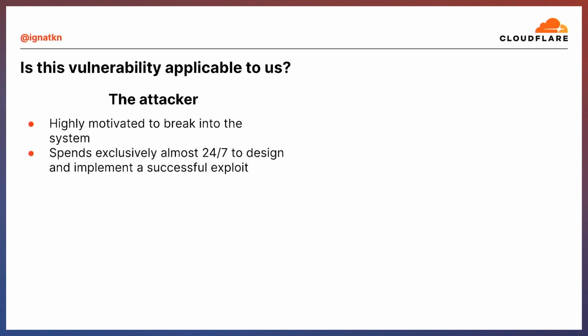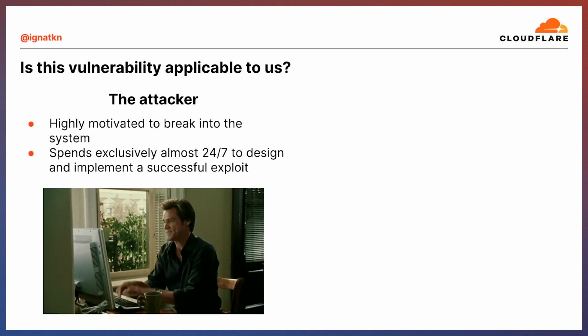The person who will try to exploit your system is the attacker. And who is this attacker? It's a highly motivated person who wants to break into your system to get some value out of it. And they spend exclusively 24/7 of their time and resources to do that and find a successful exploit.